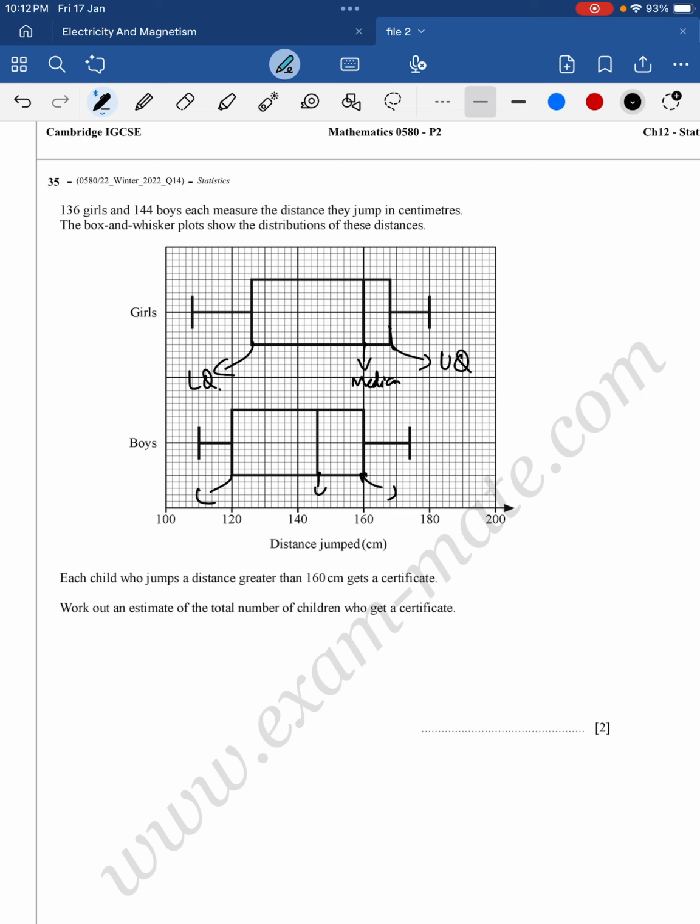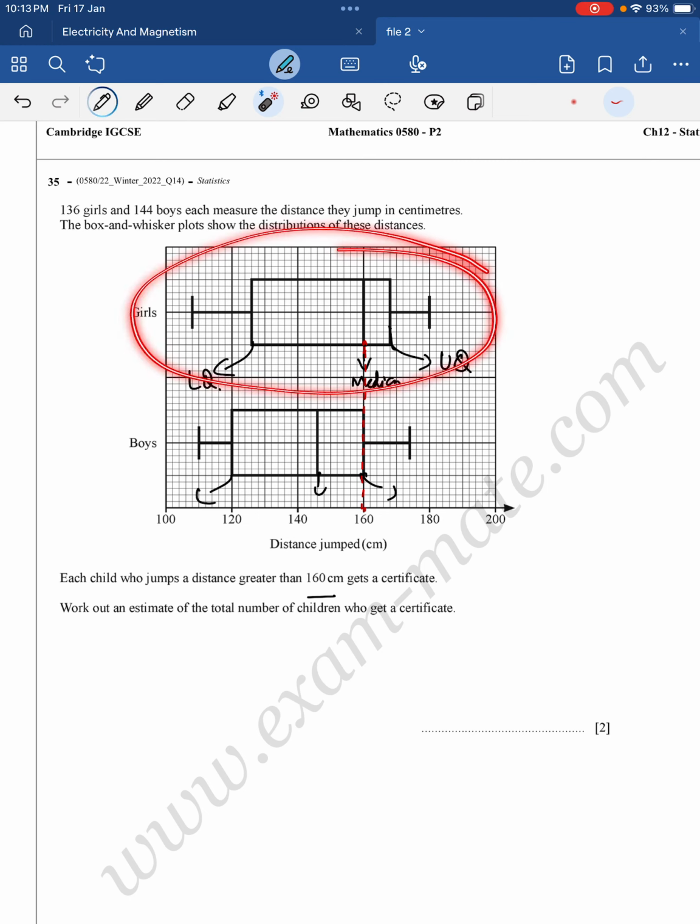Okay, we want to find out the students who have jumped greater than 160. So here we can see, if I make this line like this, it is 160, I guess, right? So this line corresponds to 160 for the first box and whisker plot.